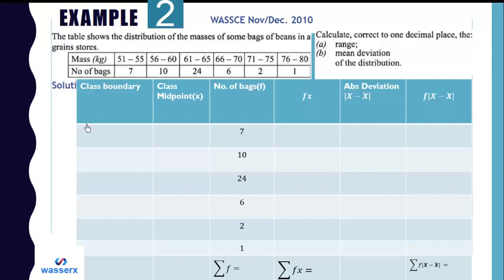So we subtract 0.5 from the lower class interval over here, so we have 50.5. Then we add 0.5 to this to get 55.5. We repeat the same process until we get all the class boundaries.